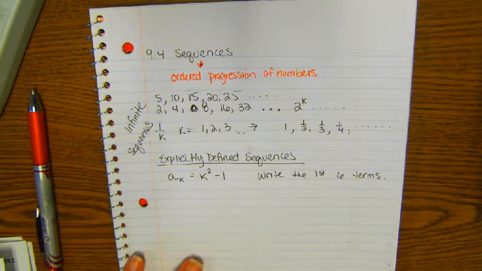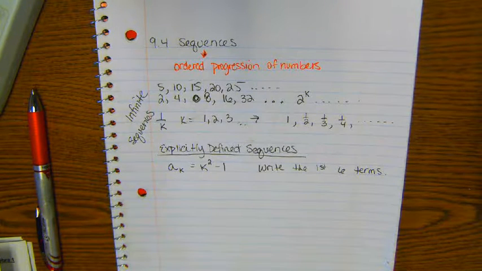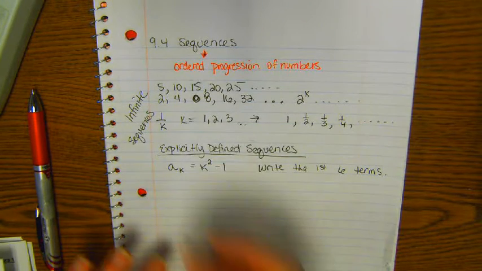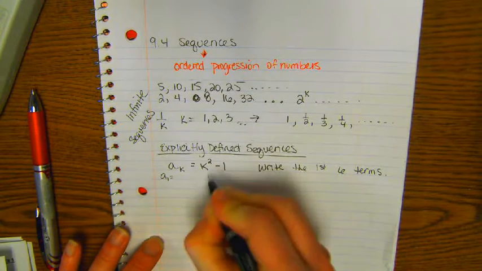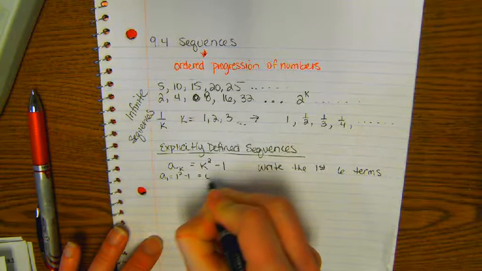All right, so what would the first term be? No, we would start with the first term. If I said first, that is the number 1. 0, good. So a sub 1 would be 1 squared minus 1, which would be 0. Very nice. Okay, that's the first term.